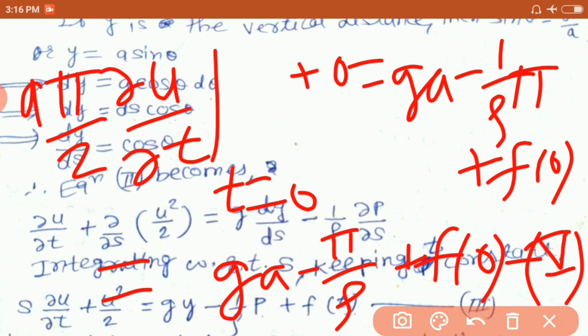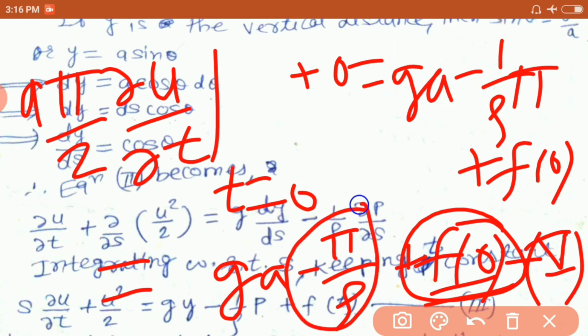And from 4 and 5, what is 4? 4 is f of 0 is equal to pi by rho. So this pi by rho and this minus pi by rho is 0. And so what do we get? We get a pi by 2 ∂u/∂t at t equal to 0 is ga.